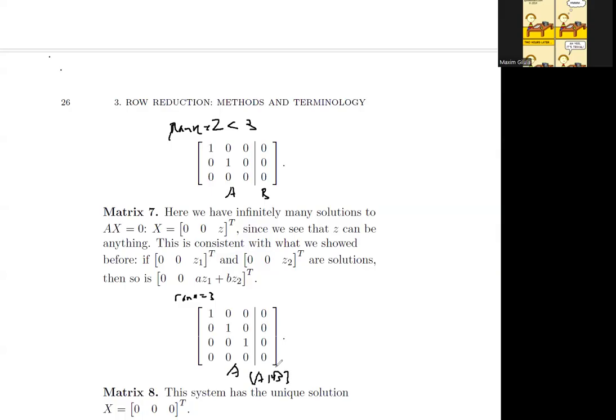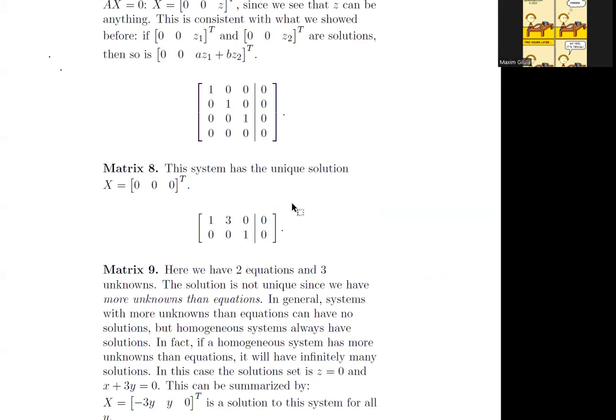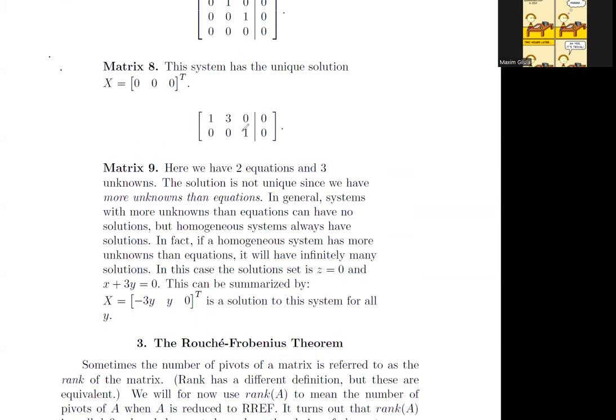So the rank is 3 for both of them, the theorem applies, and A has 3 columns, so we get a unique solution. And then this other example we had, there are 2 pivots, but 3 columns. And so the theorem guarantees infinitely many solutions.